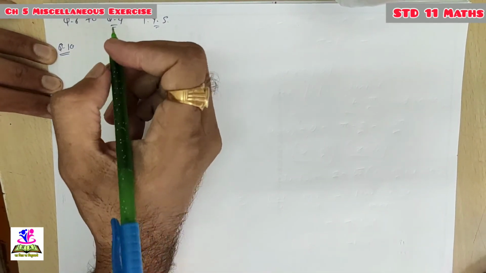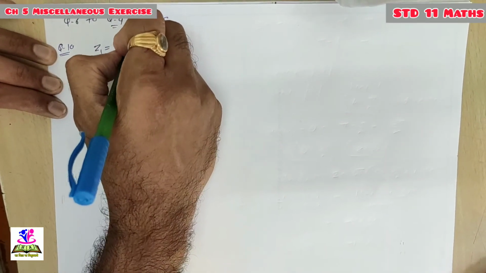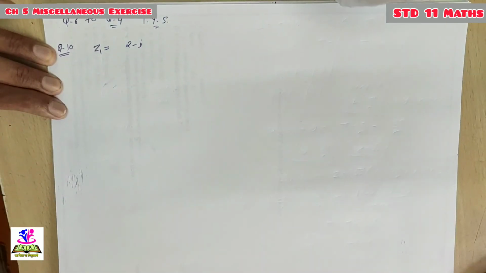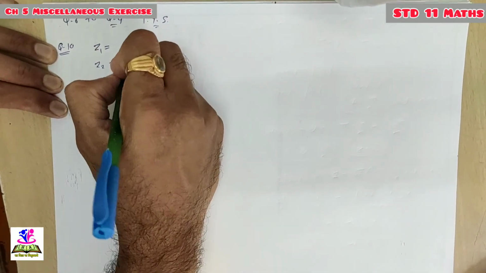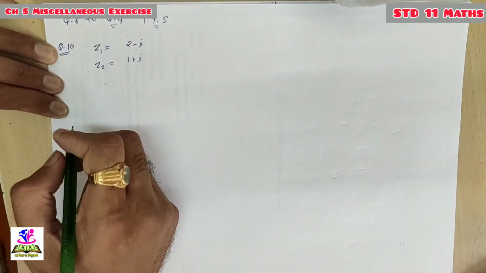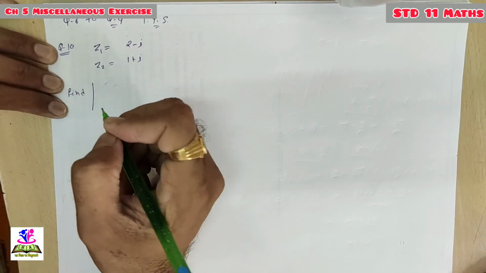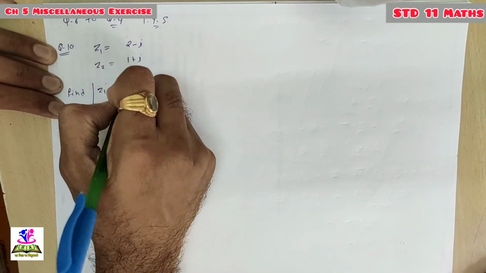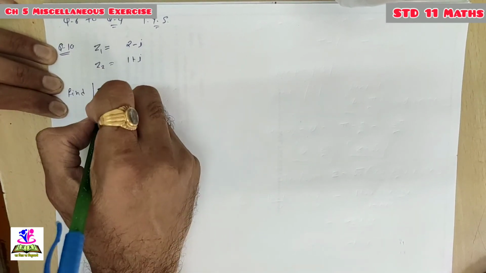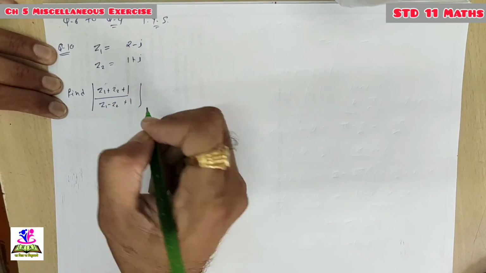Question number 10 is, we are given complex numbers z1 equal to 2 minus i and z2 equal to 1 plus i. So here you have to find the value of modulus of z1 plus z2 plus 1 upon z1 minus z2 plus 1.